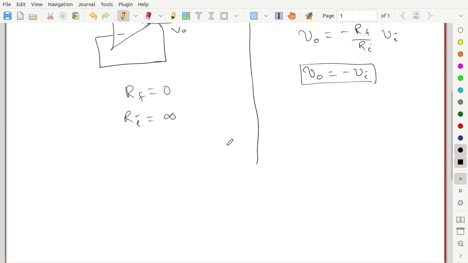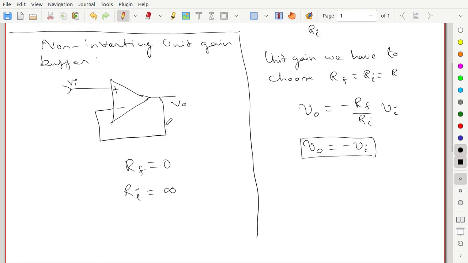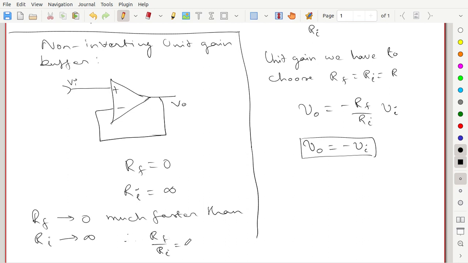But the point we have to note is that RF tends to 0 much faster than Ri tends to infinity. Therefore the ratio RF by Ri equals 0.